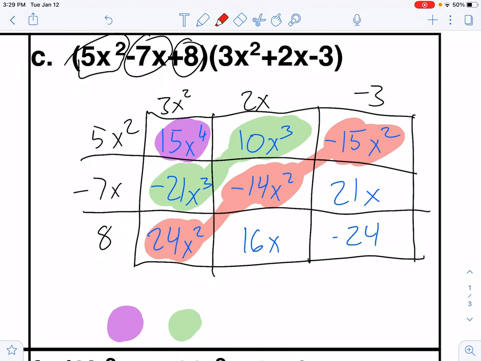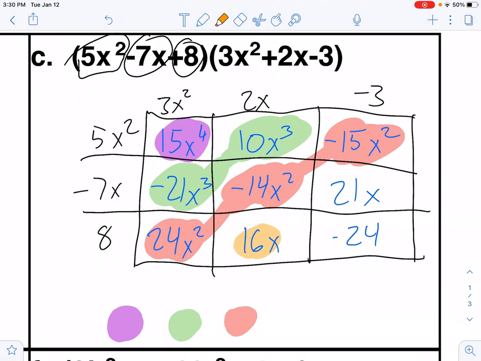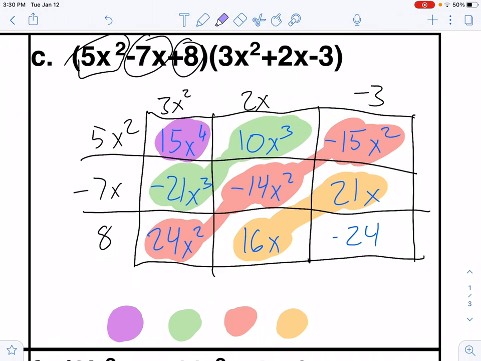So I'm going to put all 3 of those together and get a red answer here. 16 and 21. I'm going to put those together and get an orange answer. And finally, how about light purple? This guy doesn't have anybody, so I'm going to get that answer there.